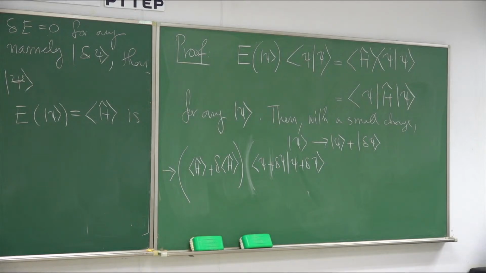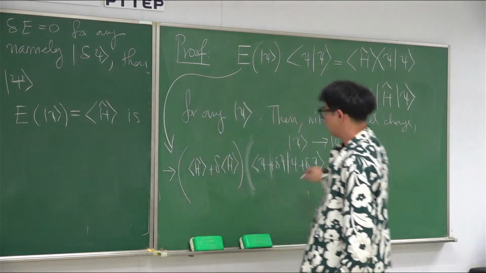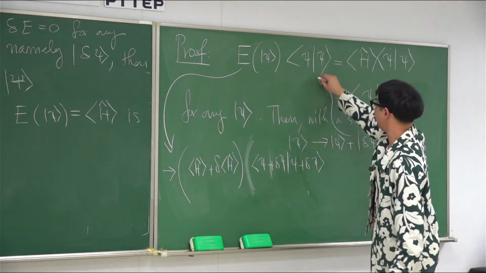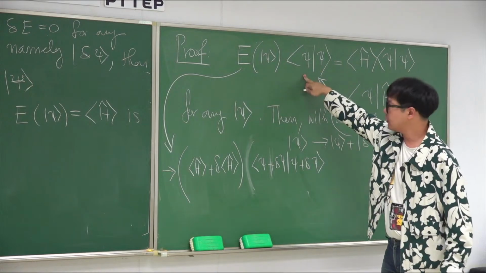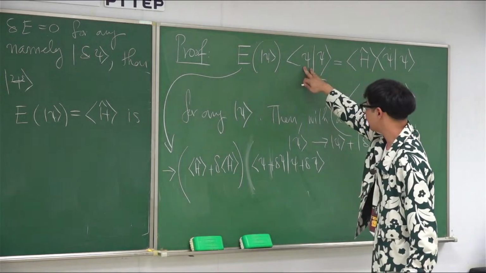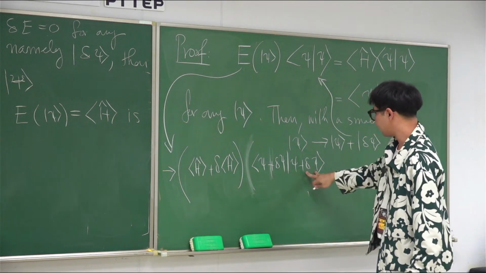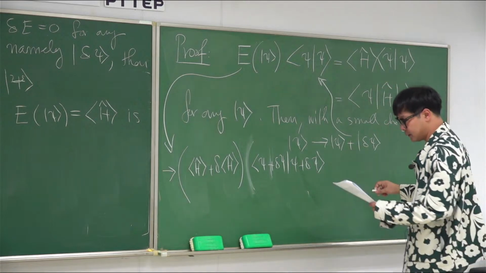If we apply the small change into this equation, this will be changed by this amount, and the wave function on this bit we will add by this amount, and then on this side we will add this amount. Okay?